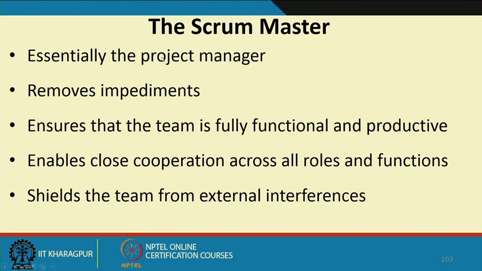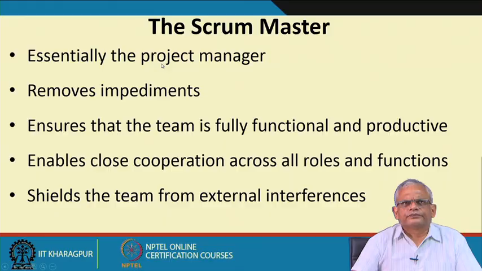The scrum master is essentially the project manager. He removes any obstacles that the team faces and ensures that the team is cohesive, fully functional and productive. His responsibility is to ensure that across all roles and functions there is close cooperation.